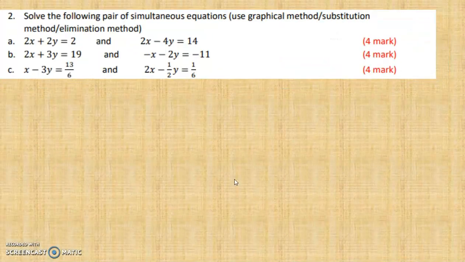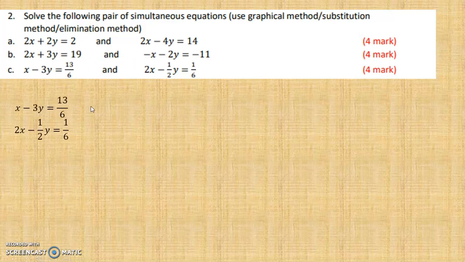C. After we use the graphical method and then the substitution method, now we use elimination. Okay, elimination like this. The first equation I multiply by 12. We get like this, and then the second one I multiply by 6.